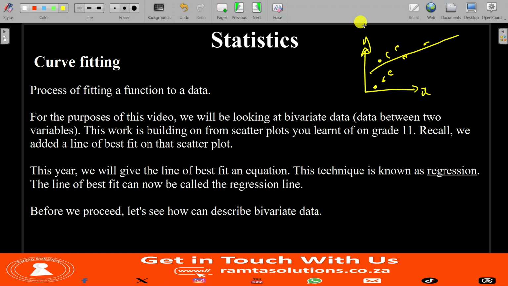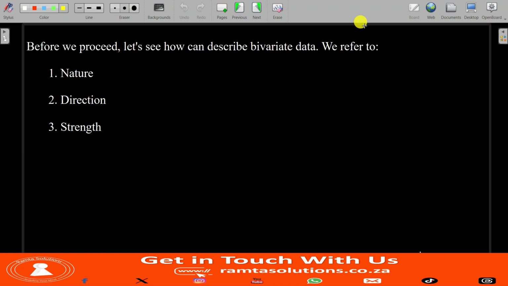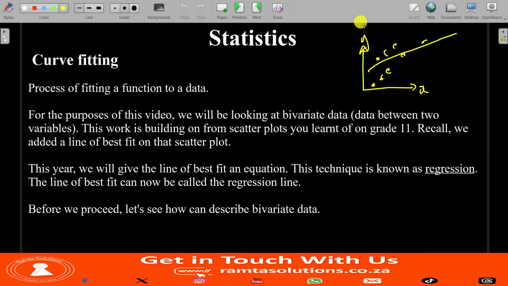Okay, but before we proceed, let's see how we can describe bivariate data. Remember, guys, for example, we could measure students' performance in mathematics and English and see how they are related.